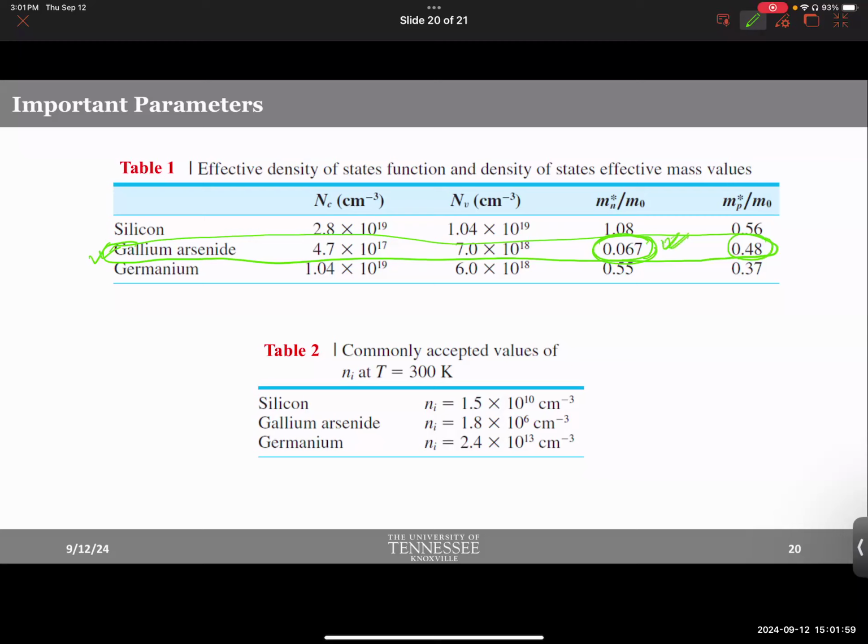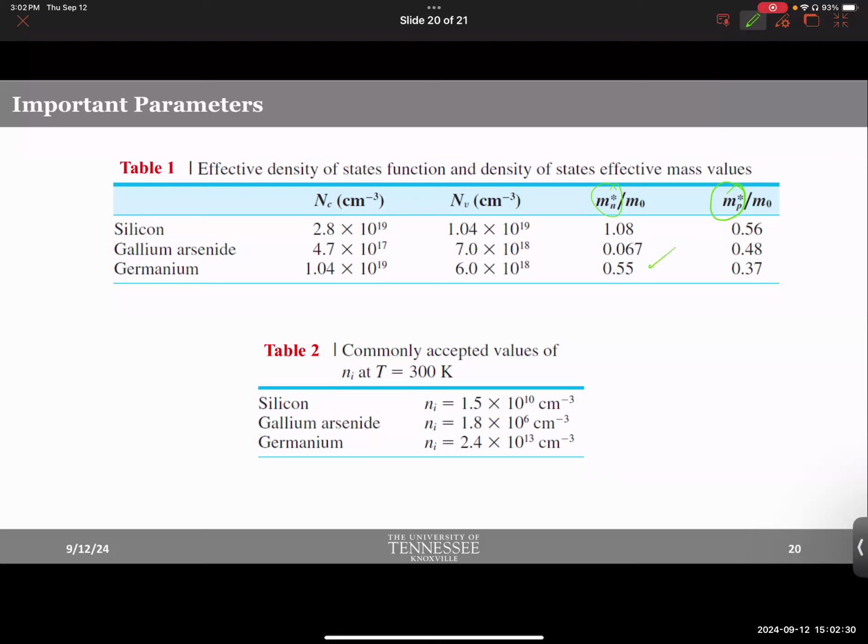For gallium arsenide, electrons can flow almost freely, in a much easier fashion than in silicon. But holes, not as much. So there is a difference. When you are picking a material for your electronic applications, are you making a device that requires electron flow, or does it require flow of holes? Depending on that, maybe you can make a decision, right? So you have to be aware of the fact that electron effective mass and hole effective mass are almost never identical.